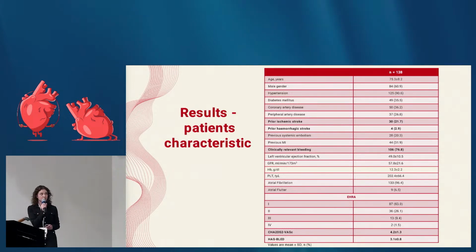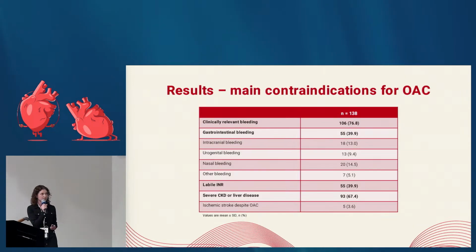The most common comorbidity in this population was hypertension, and the mean left ventricular ejection fraction was 49%. Regarding the main contraindications for chronic oral anticoagulation, the most common in this registry was clinically relevant bleeding, with gastrointestinal bleeding as the most frequent, labile INR, and severe chronic kidney disease or liver disease.